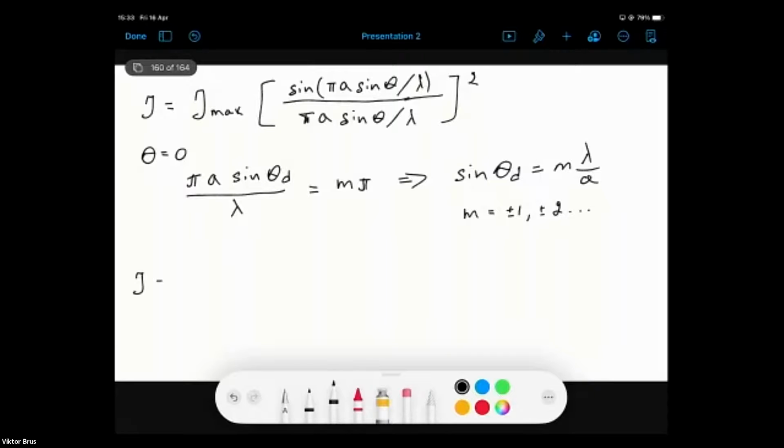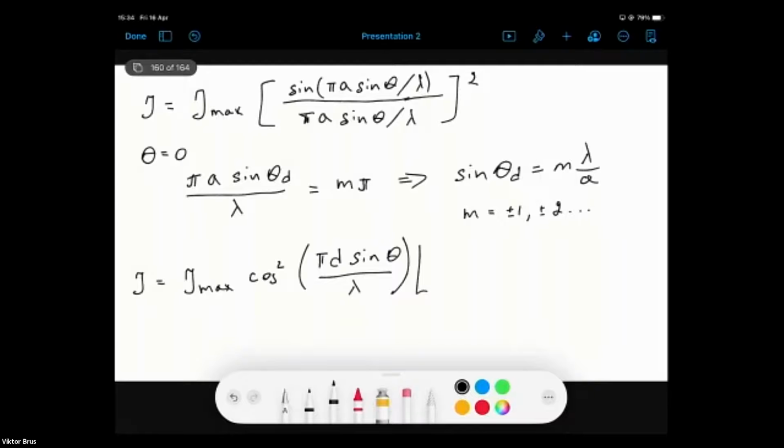It will be I maximum, the central maximum light intensity at theta equals 0. Then, as you remember from previous lectures, we had this cosine squared of pi times d times sine theta divided by lambda. And d, I remind you, is the distance between the slits.